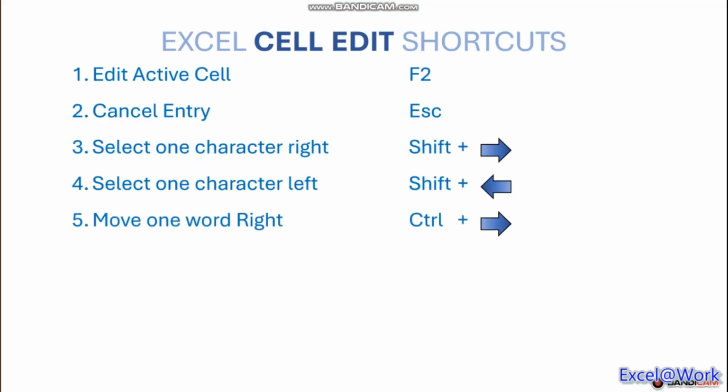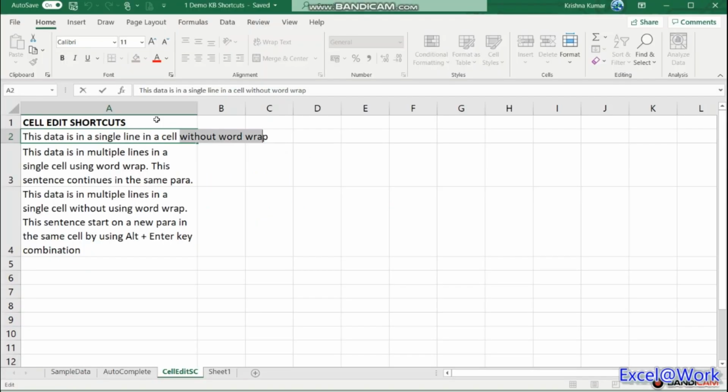Move one word right is control right key. Move one word left is control left key. Remember, this is not moving the word, it is moving to the word. That is, I'm here, I want to go to the next word, I use control right key.